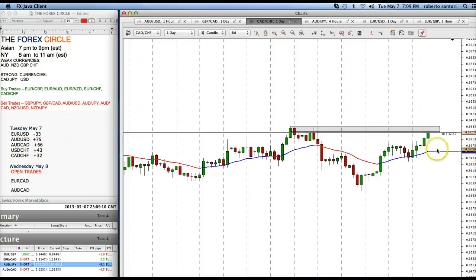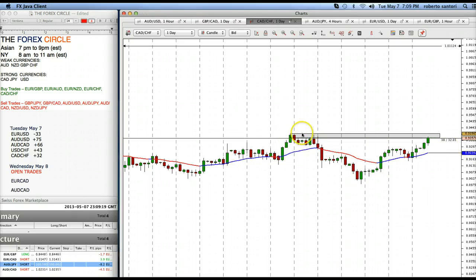When the market's gone 1, 2, 3, 4, 5 days and it's finally hitting a resistance level, it's too risky unless it can completely break these levels. This is too much of a risk, so I'd stay away from that trade for now.